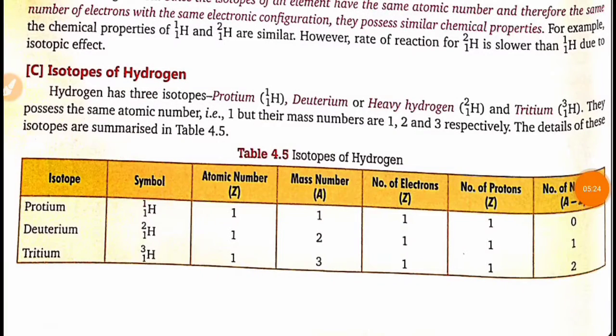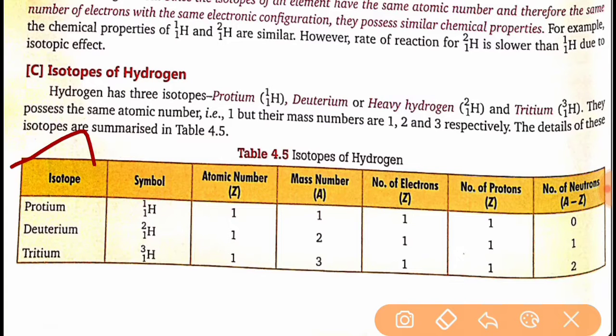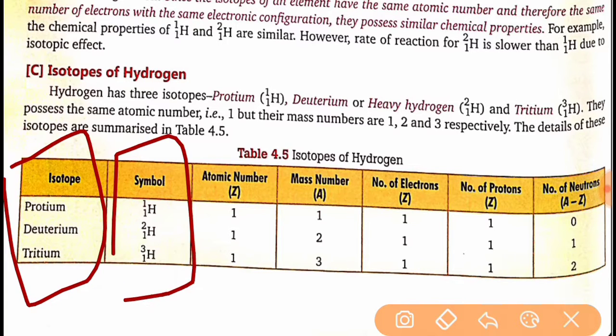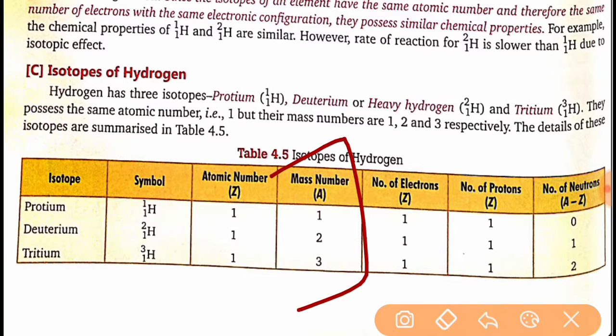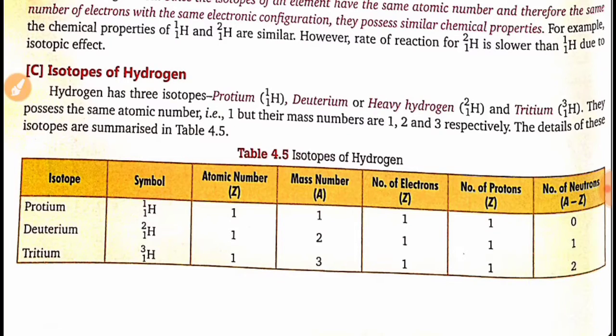If you see the details of these isotopes, same as oxygen, these three names are given, and their symbol and their atomic number. Mass number will be different, and number of electrons and number of protons will be same, and the number of neutrons also different. Only two things are different here: mass number and neutron number. That's why they are known as isotopes of hydrogen.